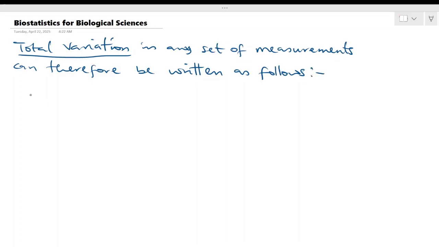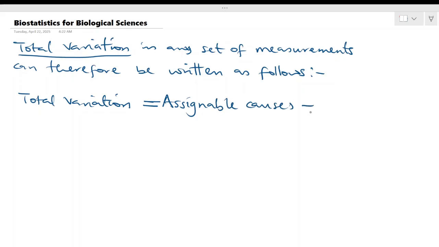Your total variation is equal to your assignable causes plus your bias plus your what? Random error. So that is total variation.